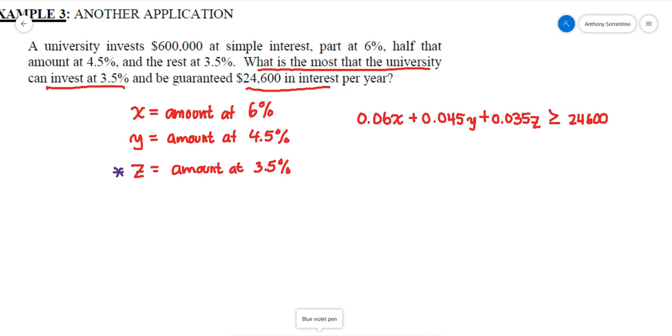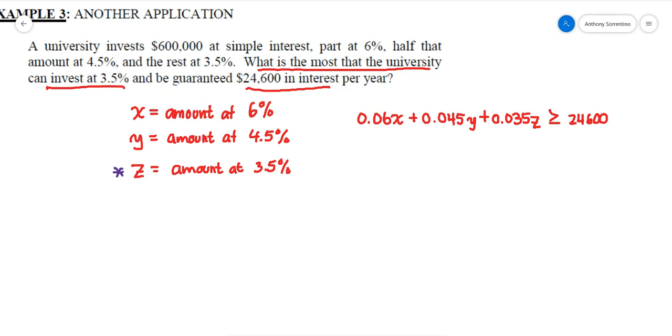And that's the one thing you have to be aware of, is that sometimes when you set up these equations, the thing you might be solving for is not necessarily going to be the thing that you're looking for. So I got to use some other facts that are in the problem.